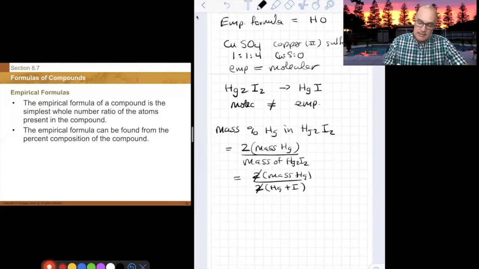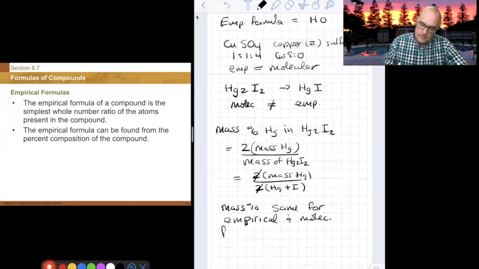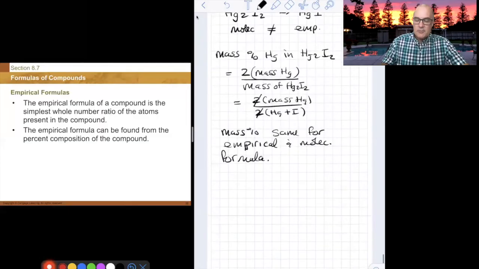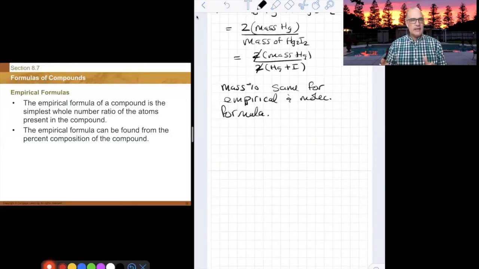So it turns out that the mass percent for a compound with an empirical formula is the same as for a molecular formula. So this is the problem we have if we take mass percents and get a formula from the mass percent: all we can say without additional information is that this gives us the empirical formula of the compound.